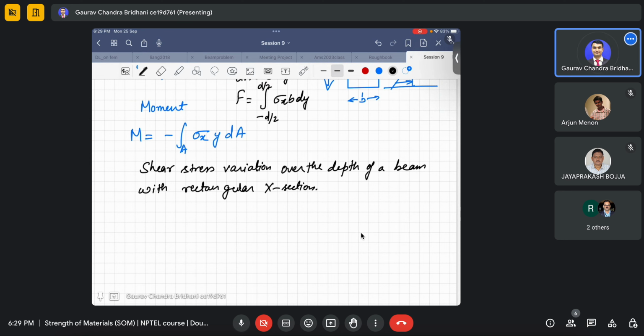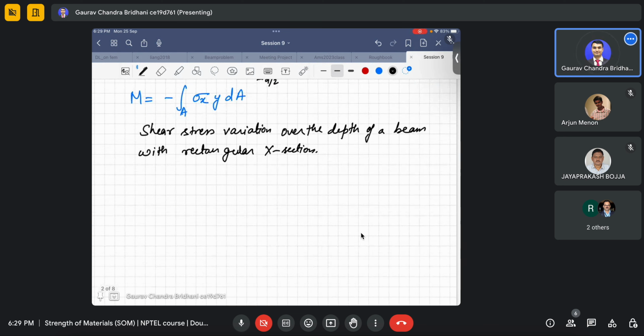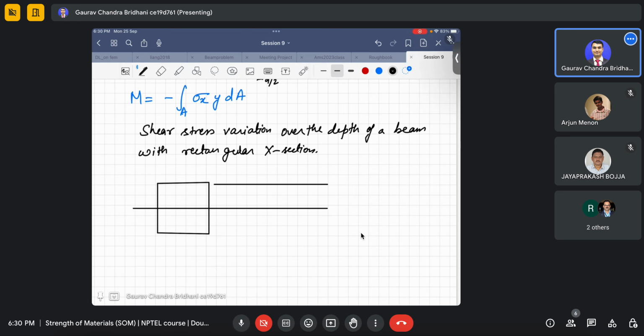Okay, so we saw this in these lectures only. So let's suppose there is a beam, something like this. We had already seen how the strain varies. This we have seen. The strain remains linear, something like this.